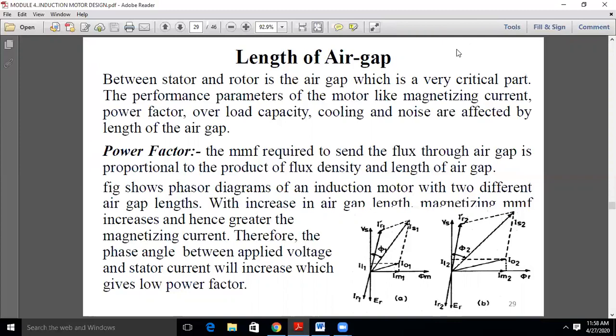In the three-phase induction motor, we apply three phase voltage to the stator.